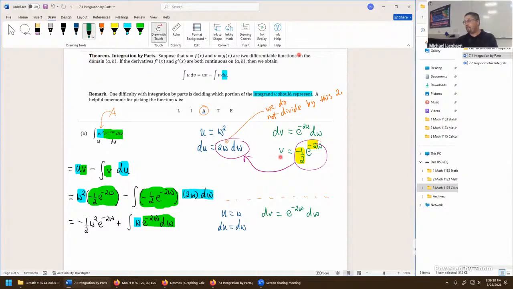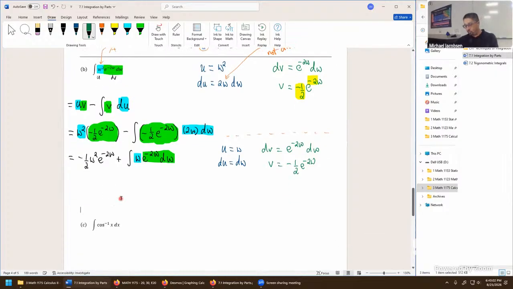And if you found the antiderivative once for the dv here, let me erase these arrows so the visual noise goes down. You found the antiderivative once, you don't have to reinvent the wheel, just reuse that answer. v is still negative 1/2 e to the power negative 2w. So we're going over here and just reusing the uv minus integral v du formula. Let's scroll down a ways.